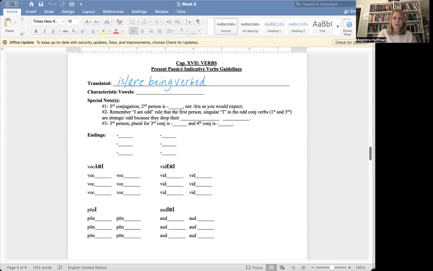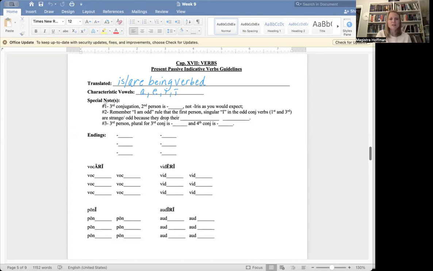That's how we're going to translate it. They have characteristic vowels just like the present active. Number ones have an A, number twos have an E, number threes have an I, usually, and number fours have an I with a macron.